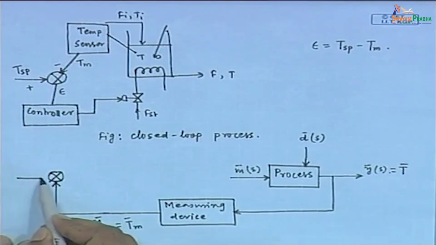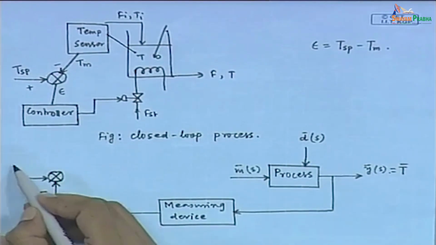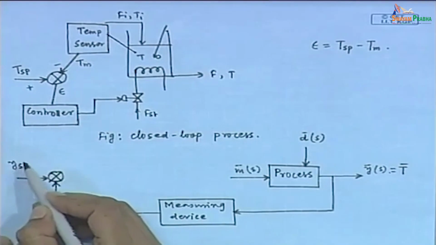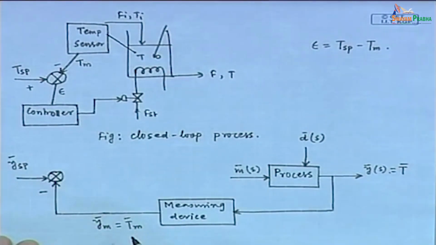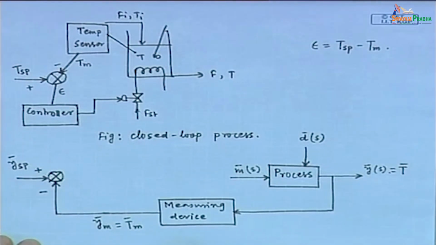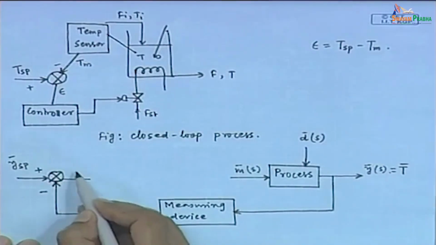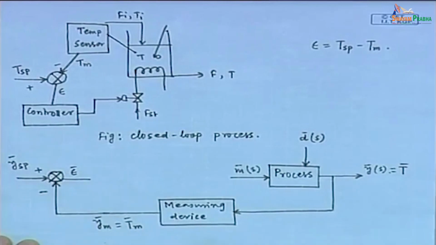Now, another input to this comparator is y set point, that is y suffix sp, and we use positive sign for this. So, there are two input signals considered for the comparator. What is the comparator output? Epsilon. In Laplace domain we can write epsilon bar.